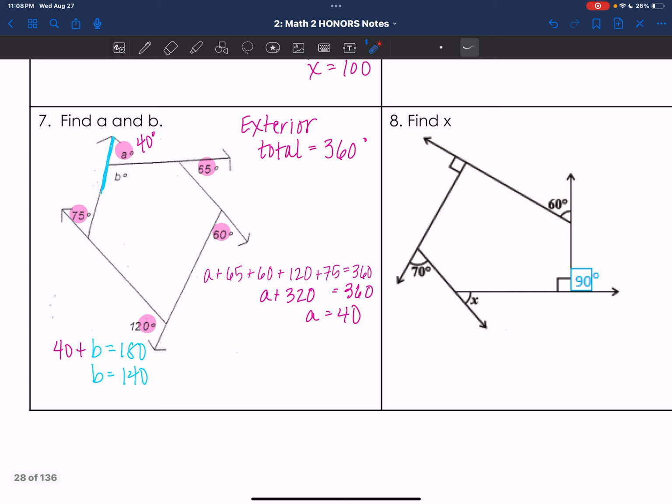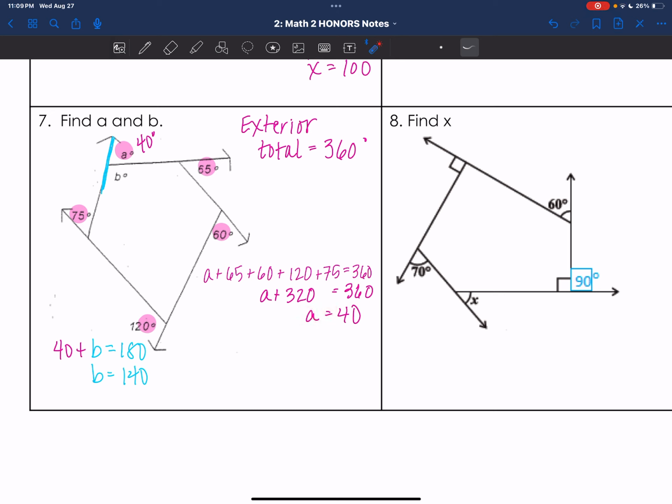And then for 7, find A and B. Well, since we're looking here for A, that's the exterior. Well, remember the exterior total is going to be 360. So we're looking at all the exterior angles of the shape. We're adding them all together to equal 360. When you solve that, you get A equals 40.